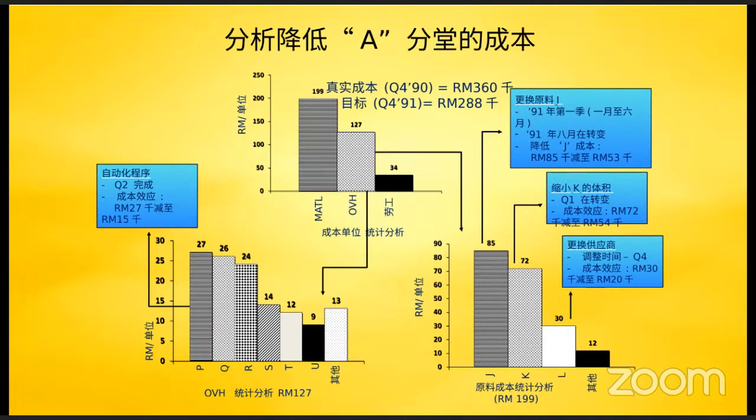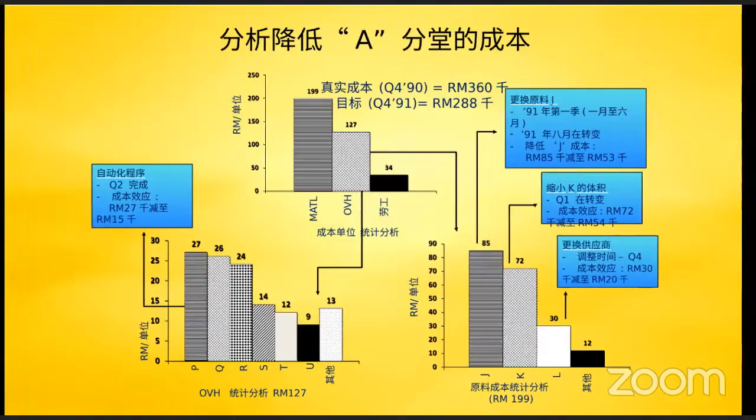Then you are able to set up specific plans that will help you achieve your overall goal on this specific area that you are working on. So this is a cost reduction example of a food outlet.